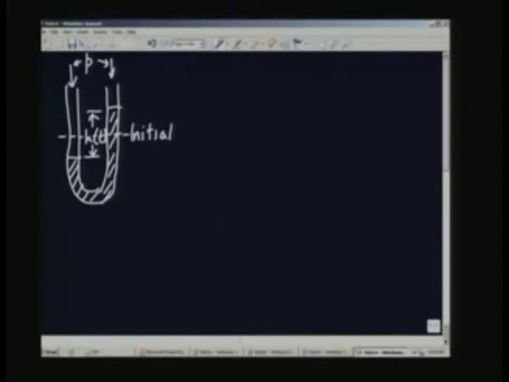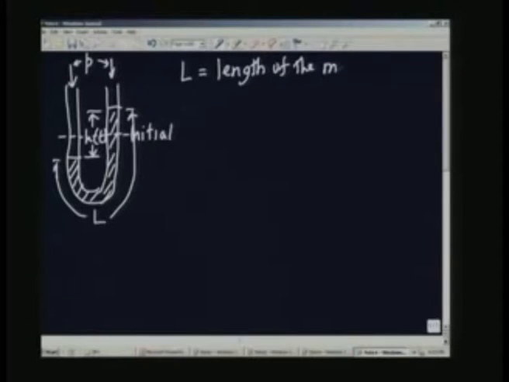So, let us look at the terminology. This is the length of the column, the length of the manometric fluid. So, L is the length of the manometer liquid column.